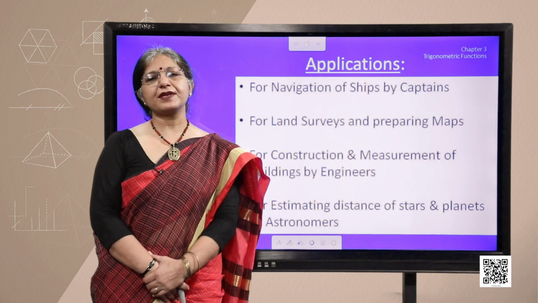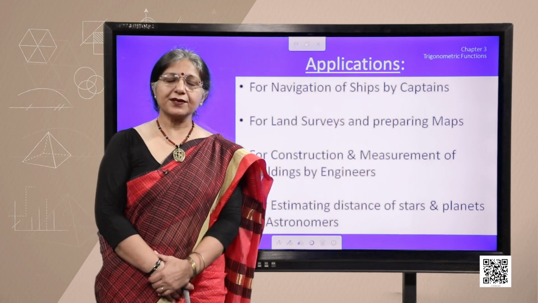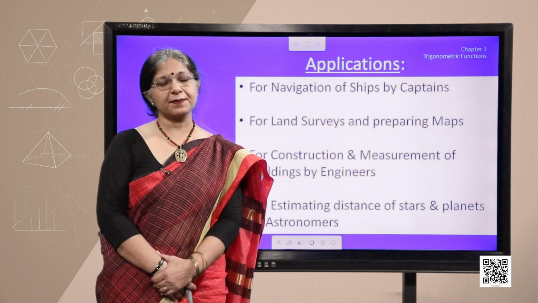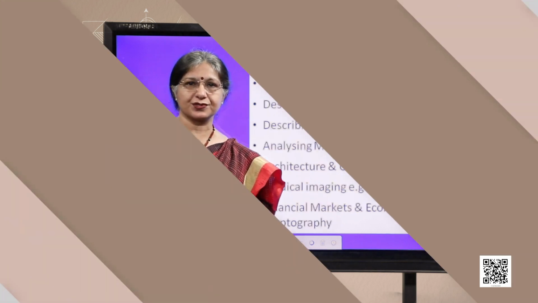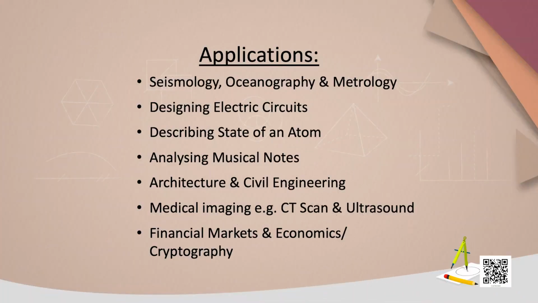There are a lot of evidences available in Indian ancient history of mathematics where we can find how trigonometry was used. Currently, trigonometry is used in seismology, oceanography to find the heights of tides, in meteorology, designing the electrical circuits by electrical engineers, describing the state of an atom by chemists, and analyzing the musical notes.